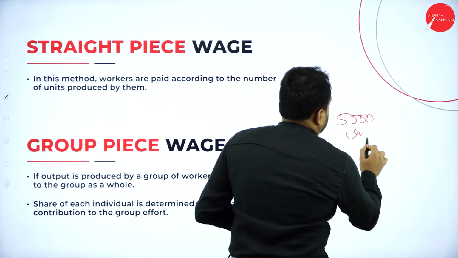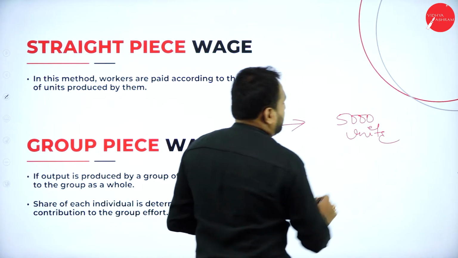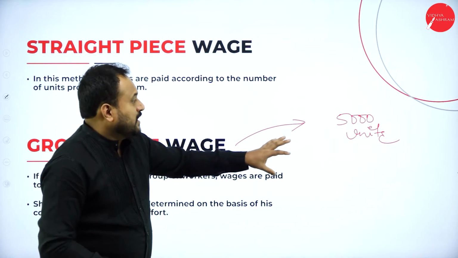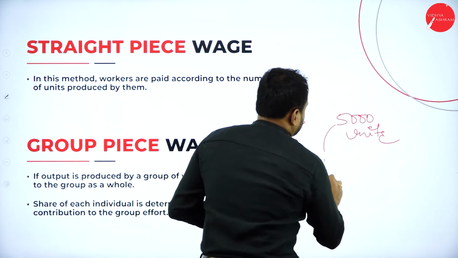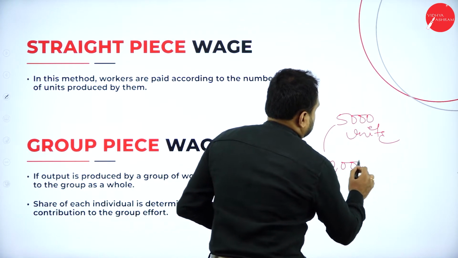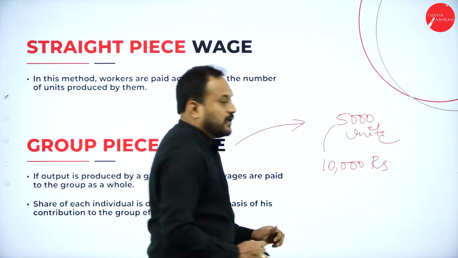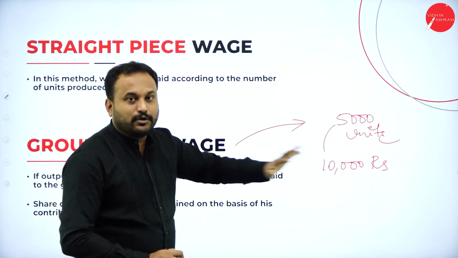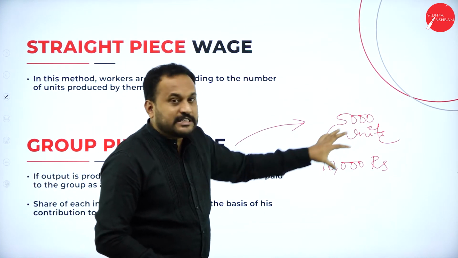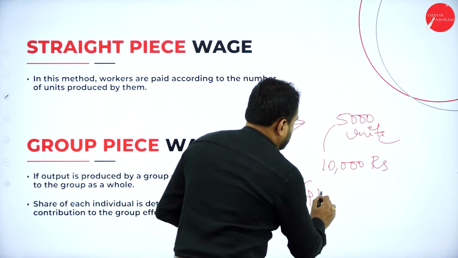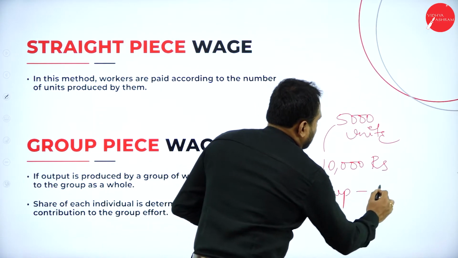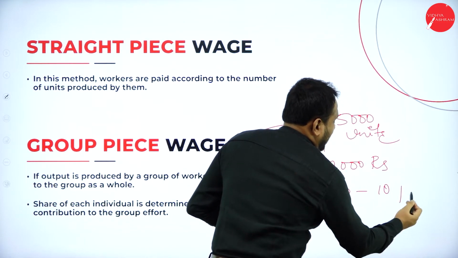Say for example, with group piece wage, 5,000 units you are supposed to manufacture is what I have told. If you manufacture 5,000 units, I'll be paying you 10,000 rupees. Now this is like a lump sum. In the group, there are 10 laborers.